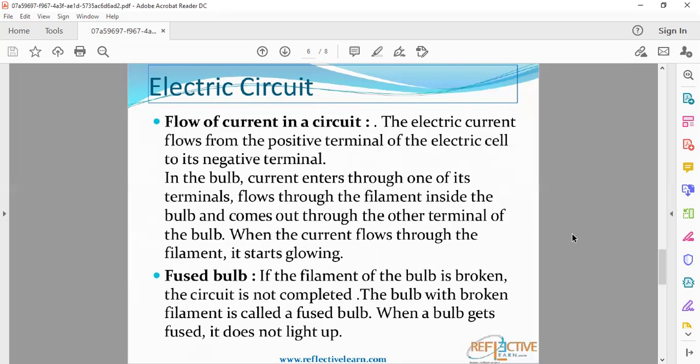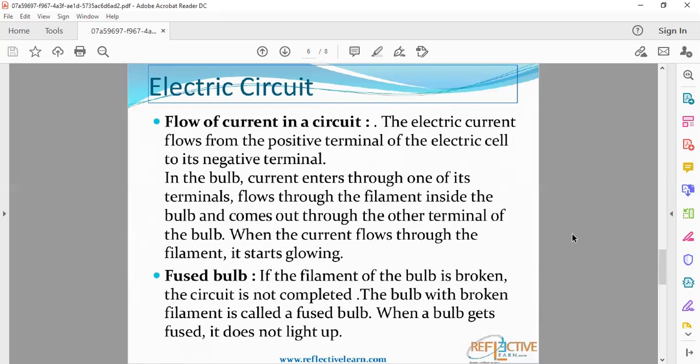Let me tell you again that electric current always flows from the positive terminal of the electric cell to its negative terminal. And in the bulb, current enters through one of its terminals, flows through the filament inside the bulb and reaches the second terminal, and then the bulb glows. So this is how current flows from one terminal to the other.